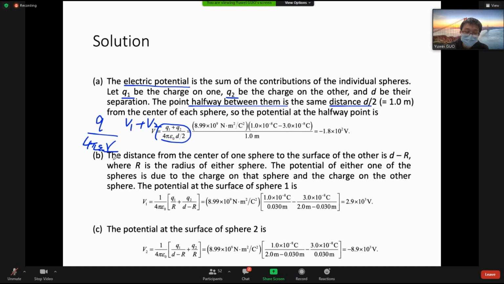So for the question B, it's the same as the first one, just change the distance between the two spheres.